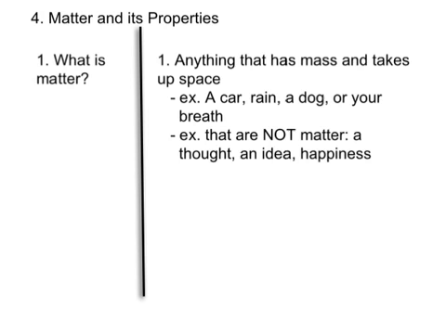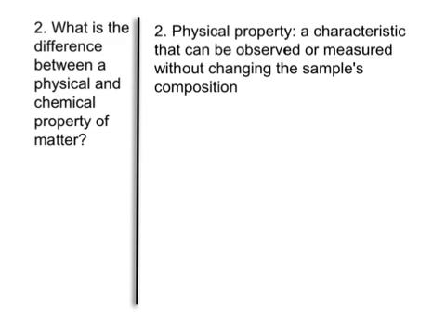What is the difference between a physical and chemical property of matter? We will start with physical property. Okay, so a physical property of matter is a characteristic that can be observed or measured without changing the sample's composition. So if you have something and you break it, okay, you smash it, or you melt it, or you freeze it, what you're doing is you're changing the physical property of the matter, but you're not actually changing the chemical composition.